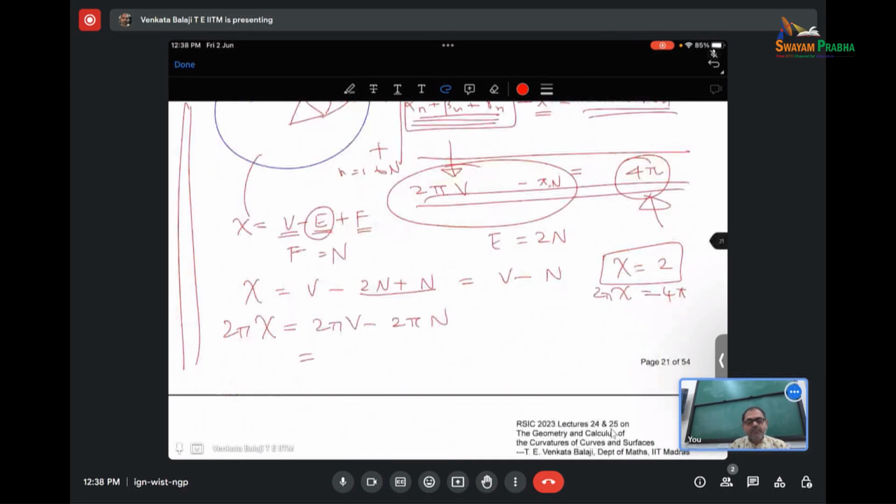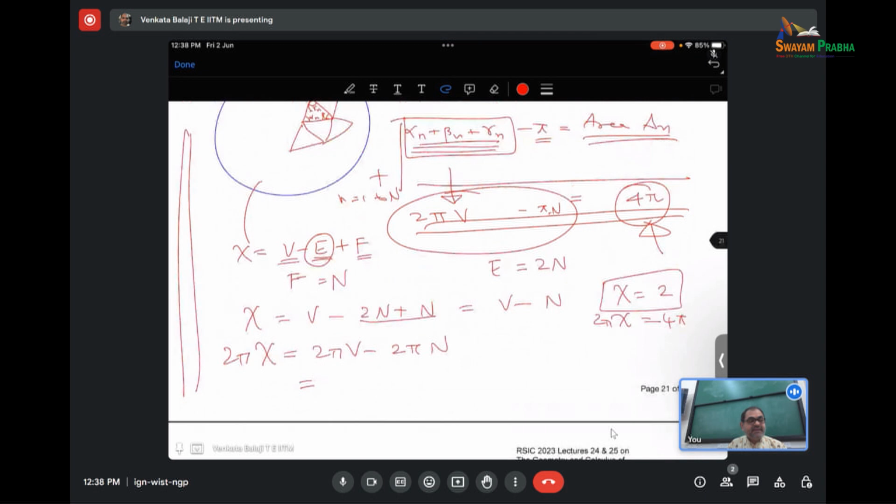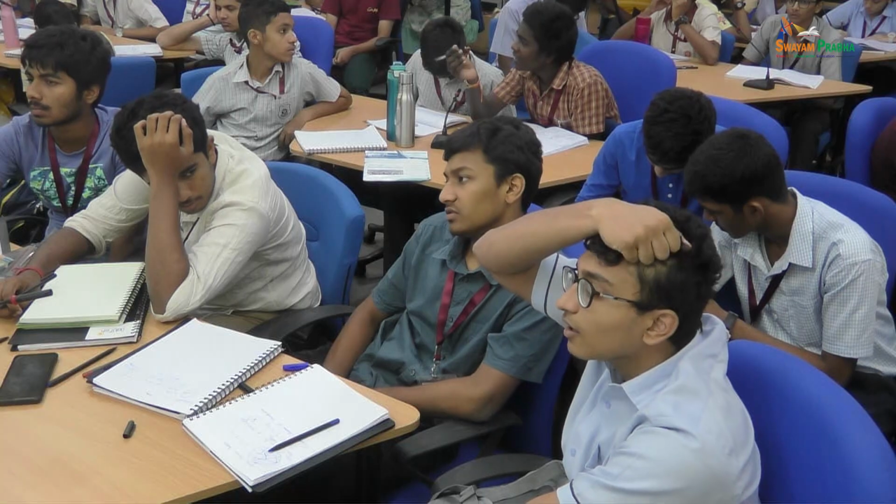Okay. For the moment I'm not able to think. So let me say something here. There's something silly that I'm doing here. See, every edge is common to 2 triangles. So the number of edges is... basically what happens is that if there are n triangles, and for every triangle you count an edge, then that edge is also going to be counted in another triangle which is touching this.